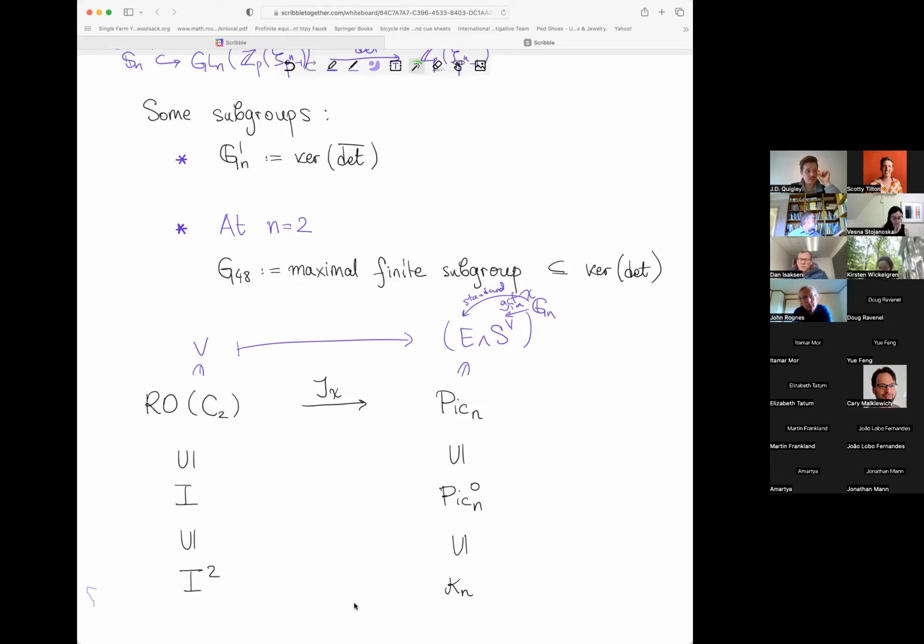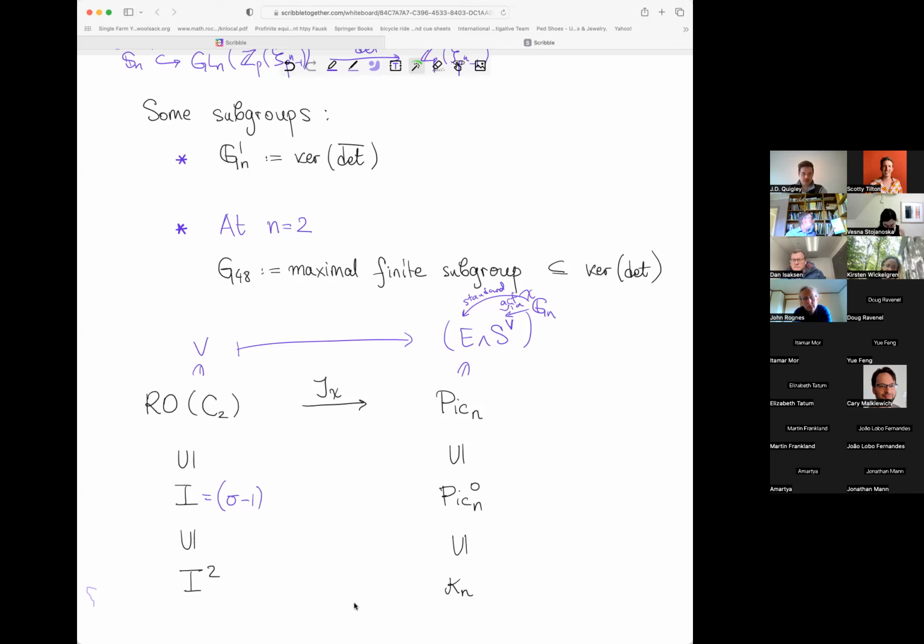So what will happen is that if we have something in the augmentation ideal, so that's now generated by sigma minus 1, that will make sure that if we forget this action, we shift by an even sphere.